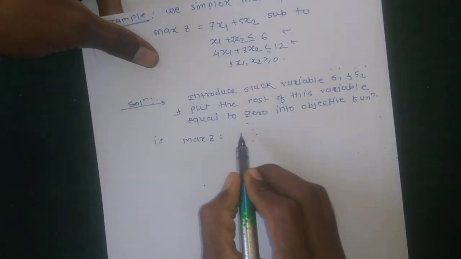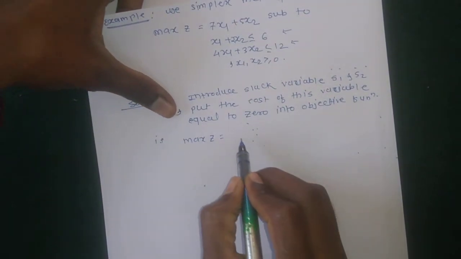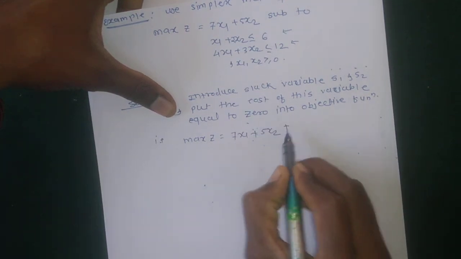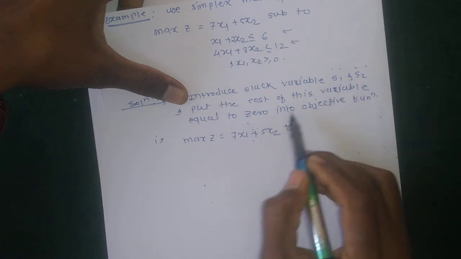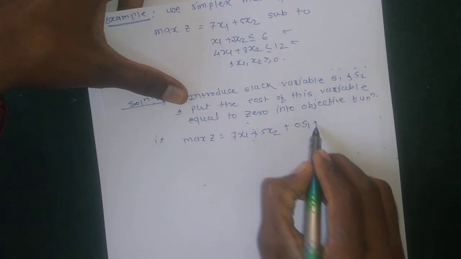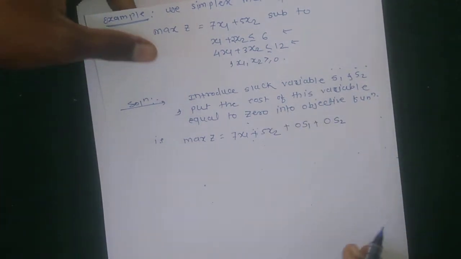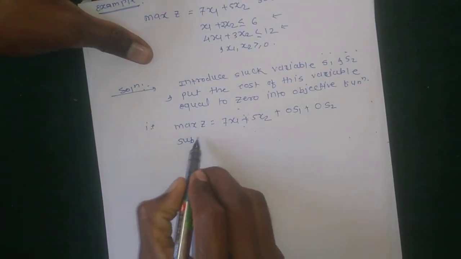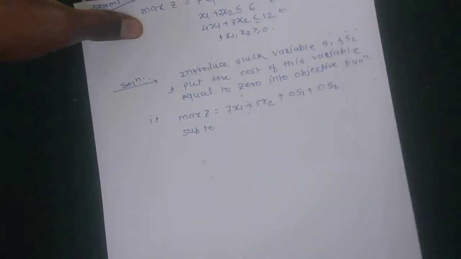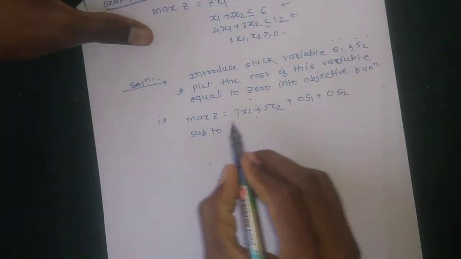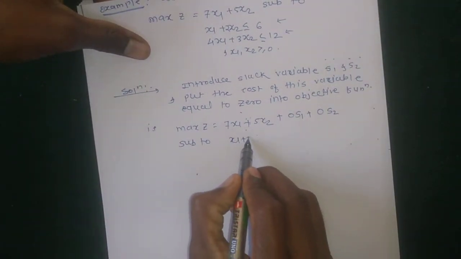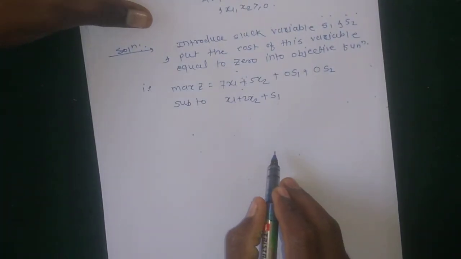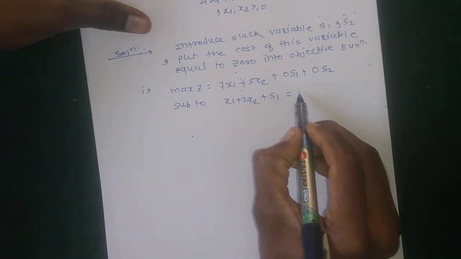The objective function is already maximum type: 7x1 plus 5x2 plus 0s1 plus 0s2, subject to constraints x1 plus 2x2 plus s1 is equal to 6.